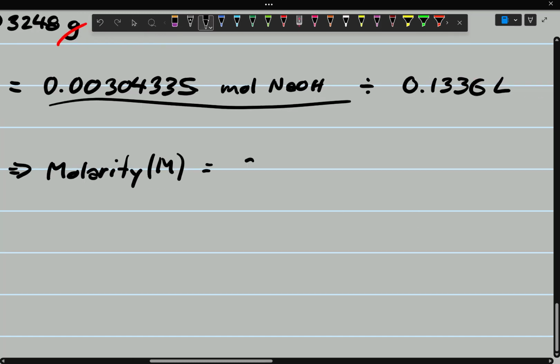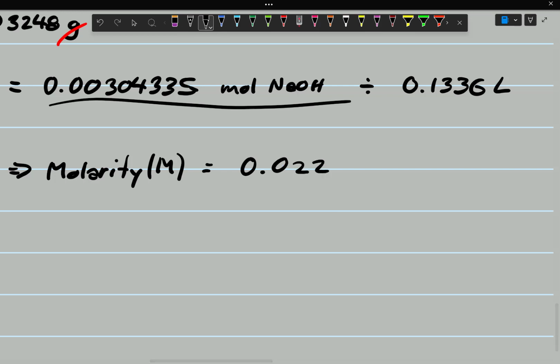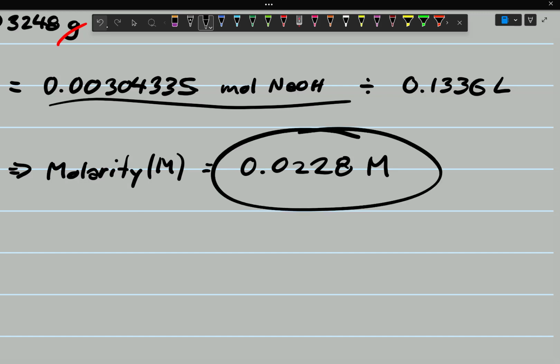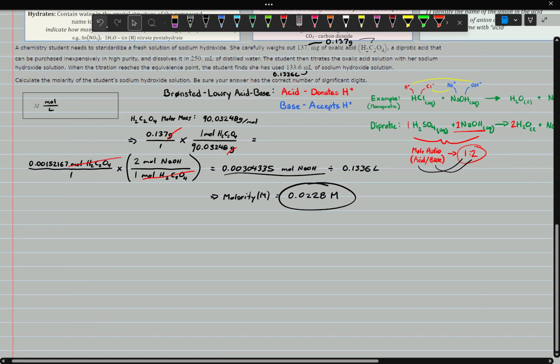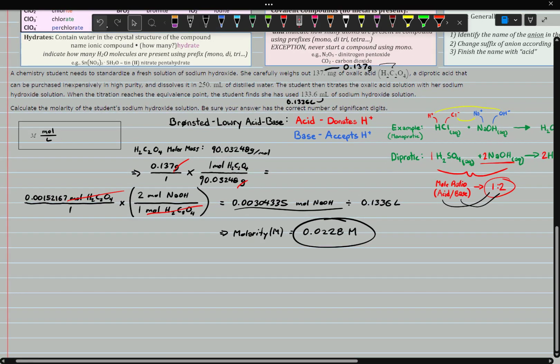And that's going to give us 0.0228. This is moles per liter, which is capital M. And that is the molarity of our base solution that was used to titrate our oxalic acid. And that's all for this video. Hope you learned something. Thanks for watching.